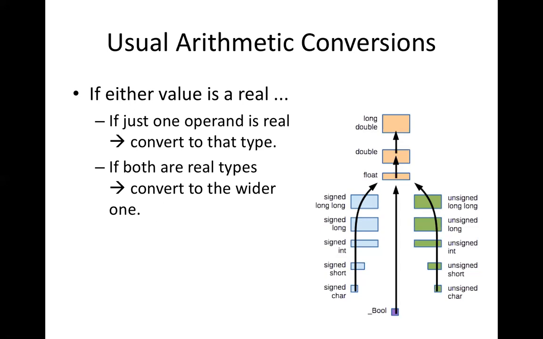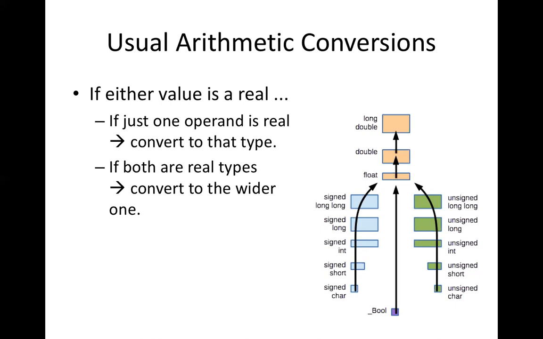So for instance, if you've got an int times a double, convert the int to a double and then multiply two doubles to do the multiply. Even if you have two floating point types, use the wider of those two types. So if you had a float plus a long double, convert the float to long double and then multiply or add two long doubles to do the math.